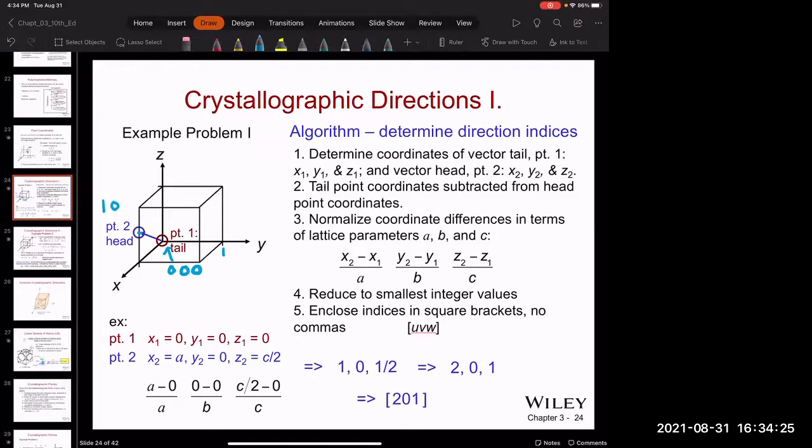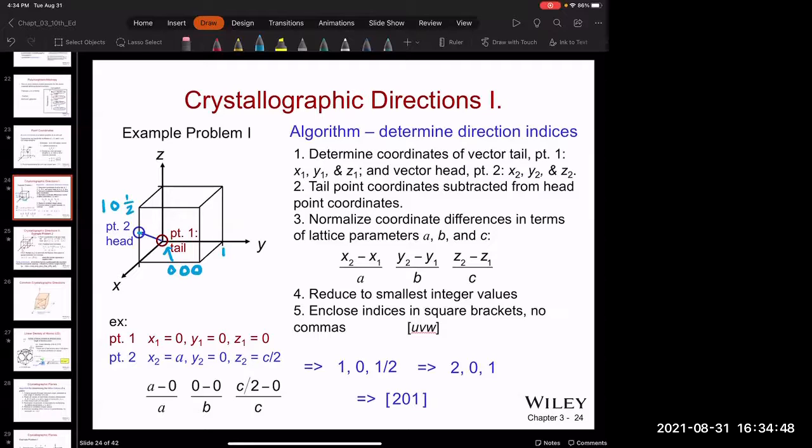Is there any movement in the z direction? Yes, it moved up, but it's not moving up 1 unit, it's 1/2 unit. So you have 1, 0, 1/2 for point 2.